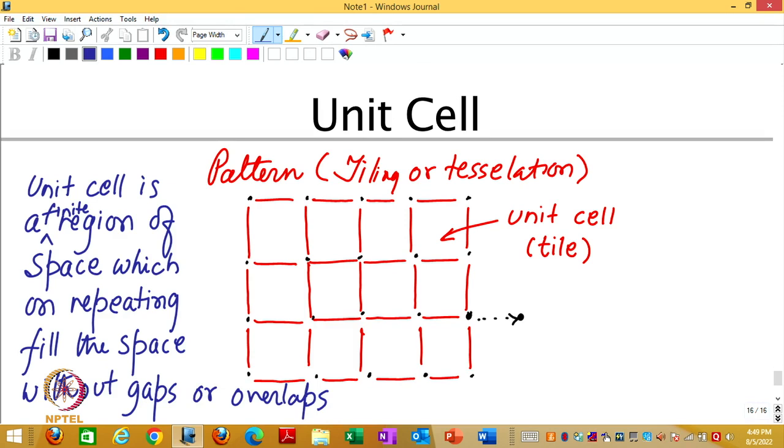So, filling the space without gaps or overlaps, for that a short word is that it tiles the space or tessellates the space.